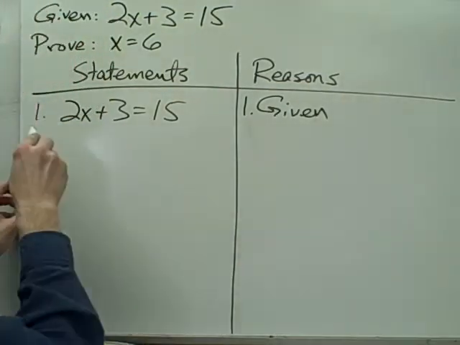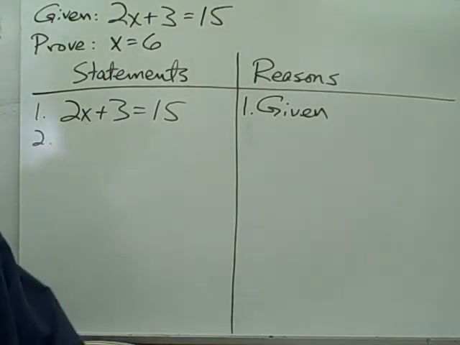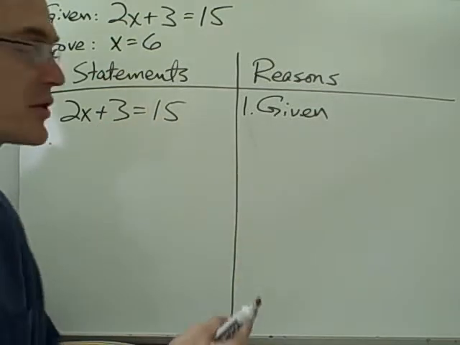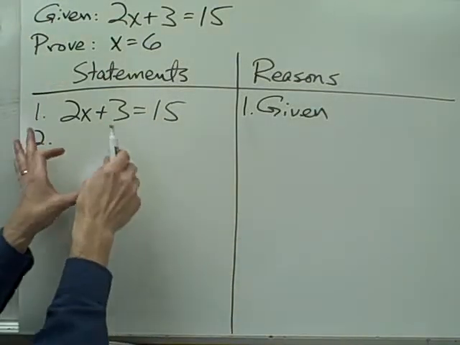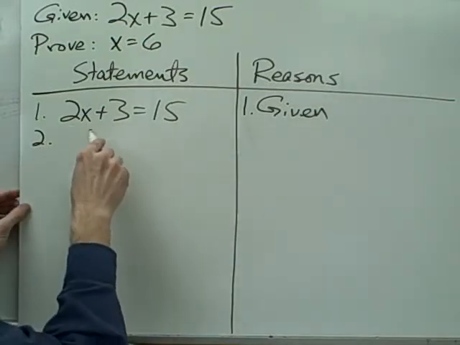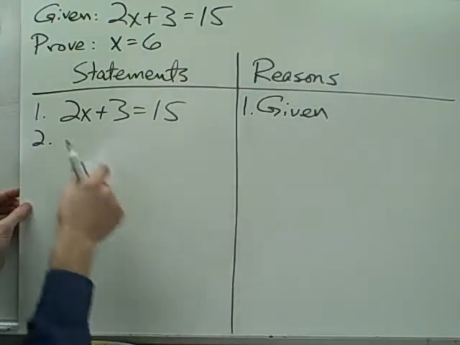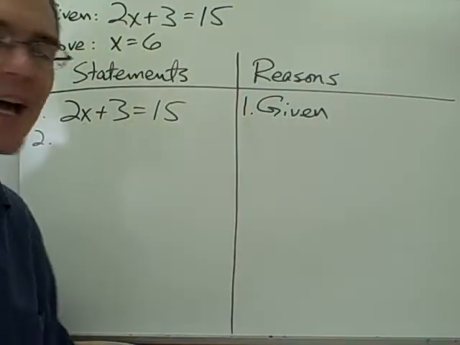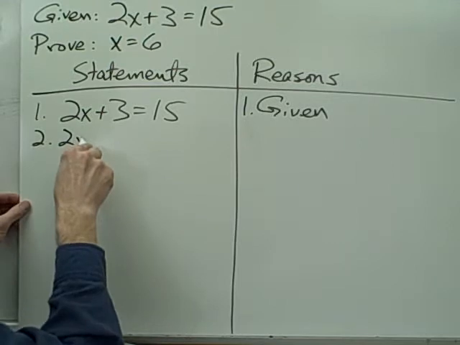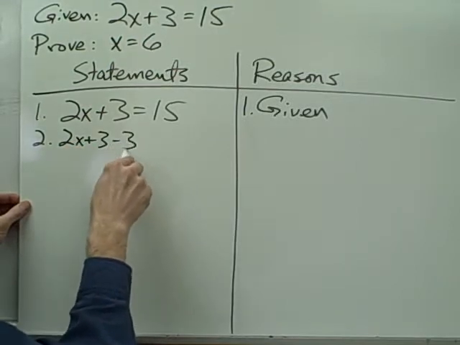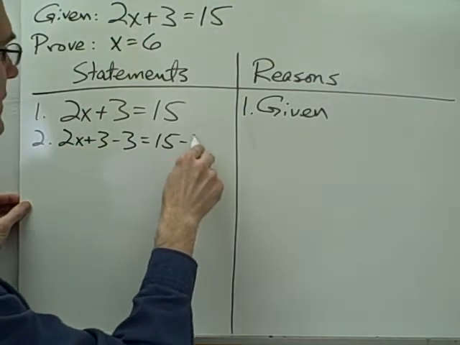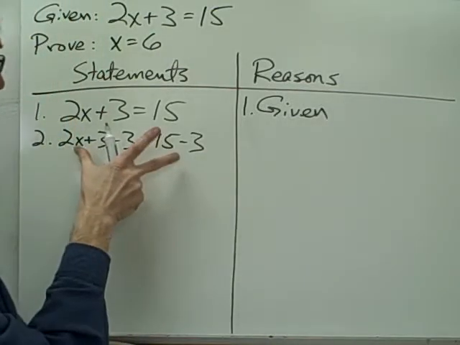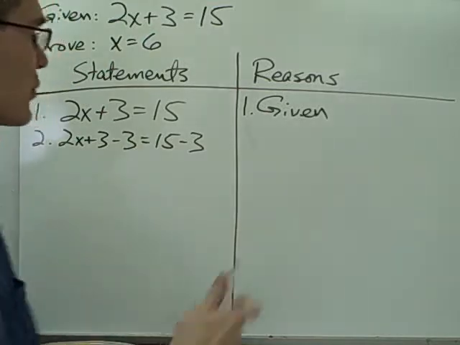All right. So step number 2. Step number 2, remember from solving it before, we're going to subtract 3 from both sides of the equation. Well, instead of doing it like I did before, which was write down the negative 3 here and then draw a line, I'm going to write a whole separate line here in which I subtract 3 from each side of the equation. So 2x plus 3 minus 3 equals 15 minus 3. So what I've just done is subtracted 3 from both sides, and I've written it on a single line in my proof.